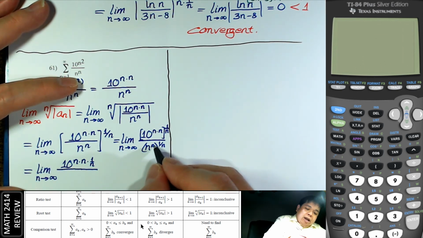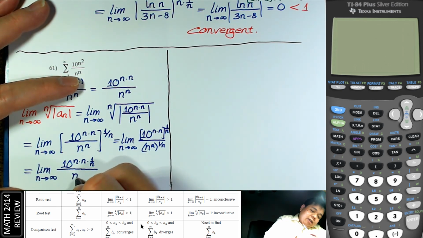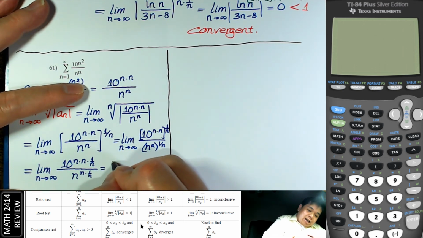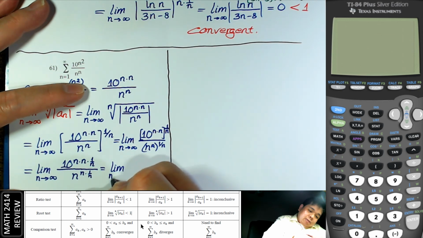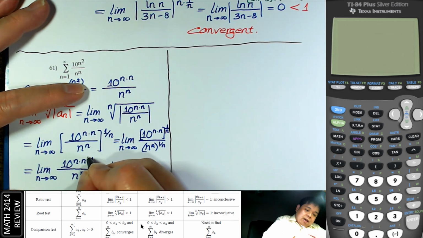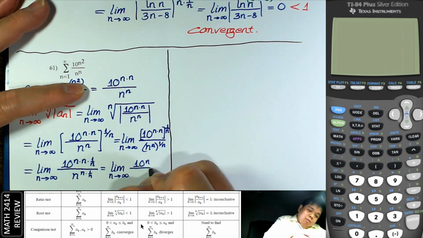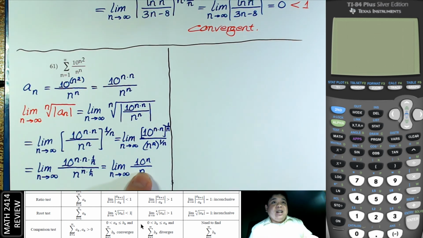At the bottom, n times 1 over n. That cancels out. n and 1 over n cancel out. We have 10 to the n on the top. At the bottom, n and 1 over n cancel out, and we have n. Now, 10 to the n power, that is an exponential function.